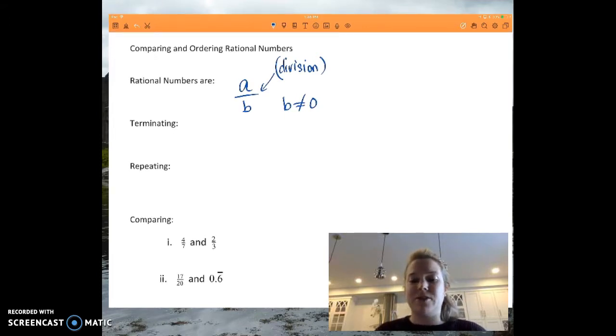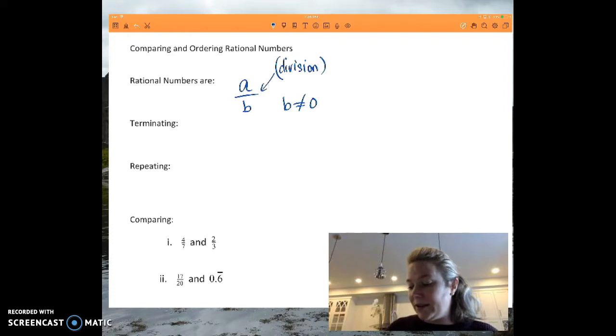The types of numbers that do not either terminate or repeat are called irrational numbers. And probably the most famous irrational number we use is pi. Pi never ends and it never repeats. So the numbers we're going to deal with, the ones that are rational, are terminating or repeating.